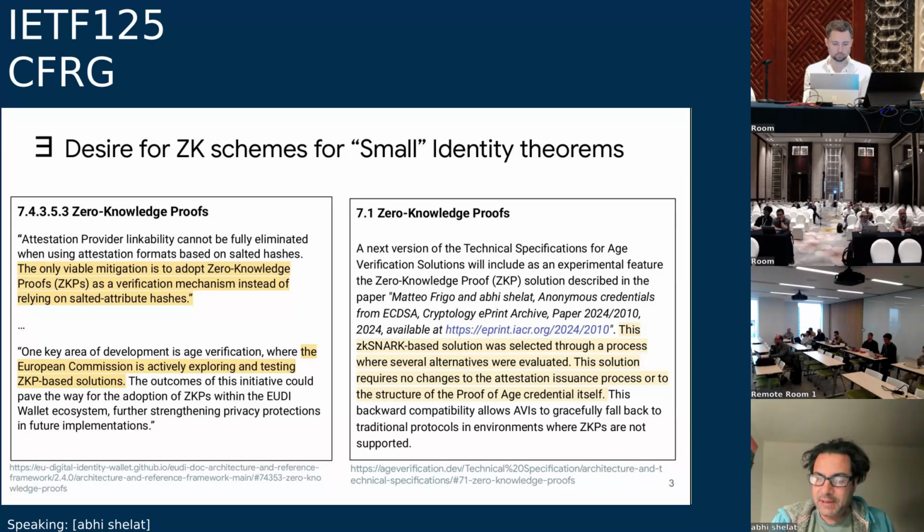So, for example, if you have a BBS credential and some party decides to put age over 18 in slot 1 for Alice and puts it into slot 2 for Bob, even though the proof system is zero knowledge, the proof system does not consider the metadata of the proof, like, for example, which index is revealed, and that breaks unlinkability. So far, the only scheme that works in these applications is a zero-knowledge scheme that's fully zero knowledge and that doesn't have any metadata leaks, and that's the Longfellow scheme so far.